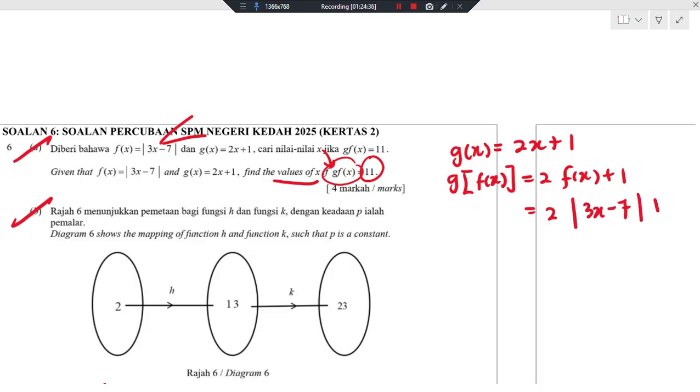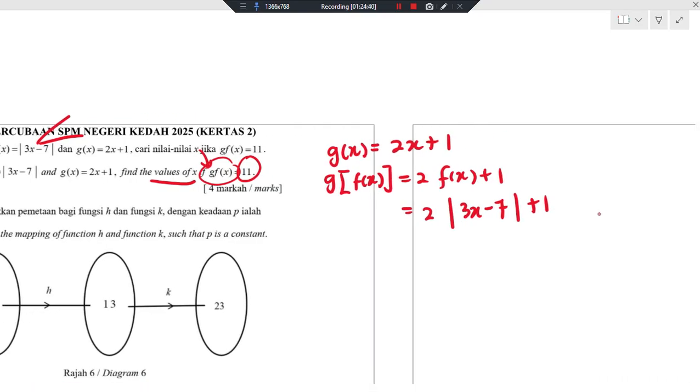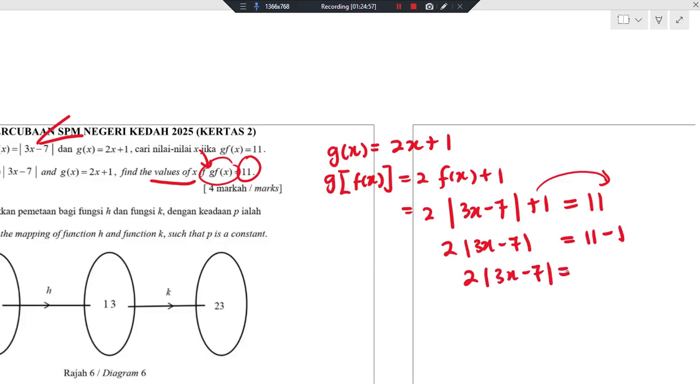We will get this, right? So 11 minus 1 is 10. 10 divided by 2 is 5. Right? And then, if you get something like this, it is the absolute function. So you need to do two types of solution. First is 3x minus 7 equals 5. And second one, 3x minus 7 equals negative 5. Very good.